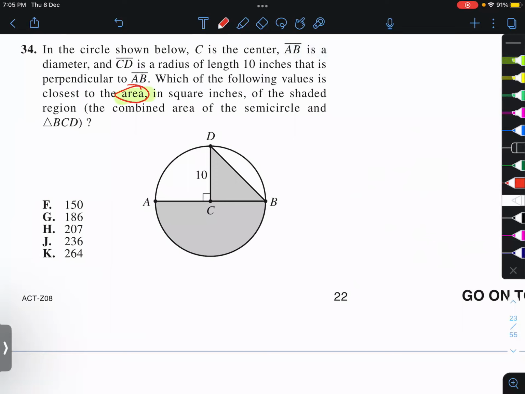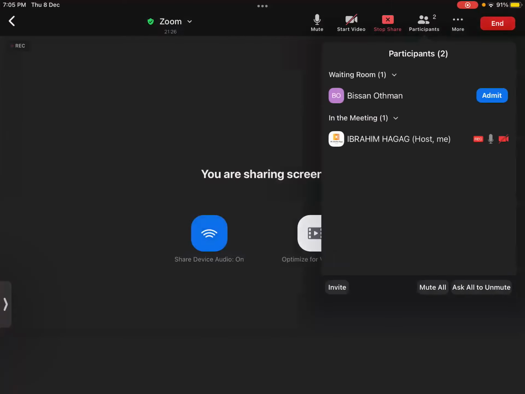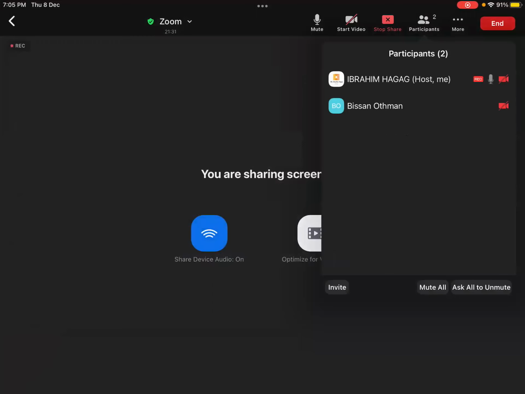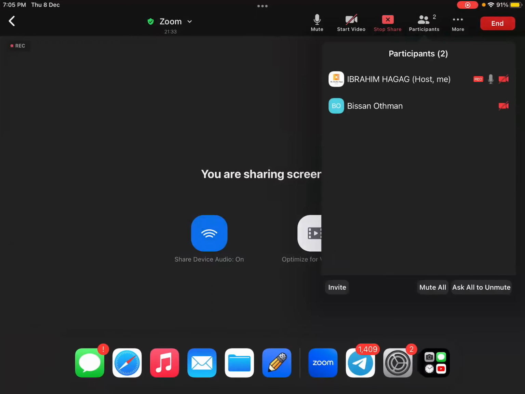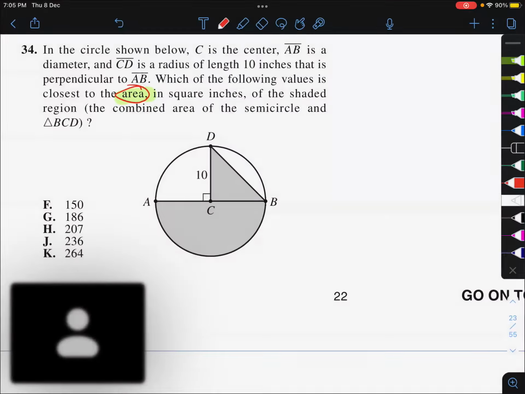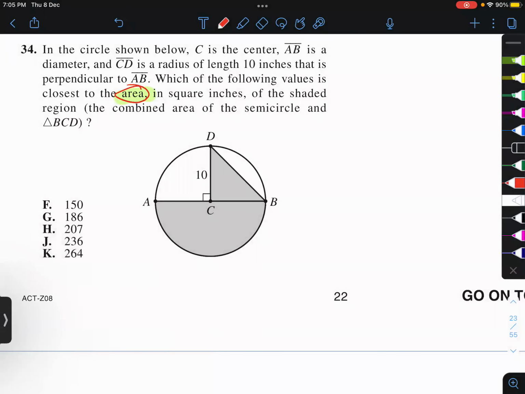The shaded region combines the area of the semicircle and the triangle BCD. What is your answer? Yes, your answer.